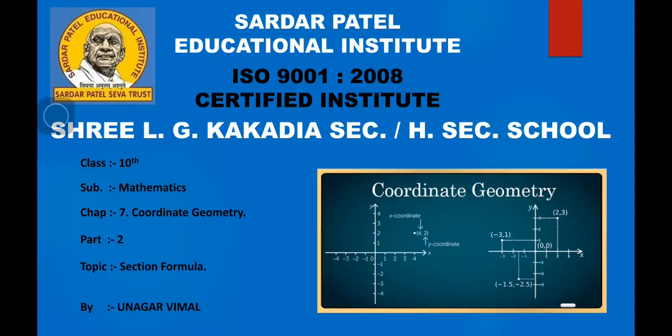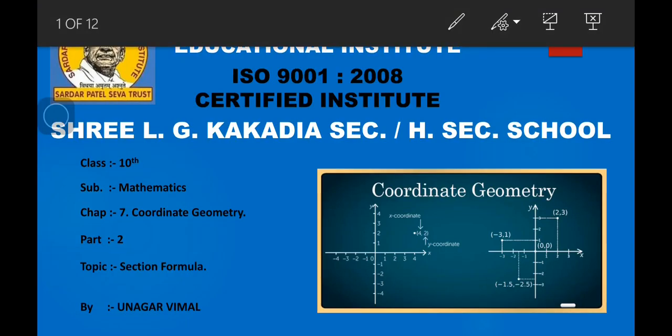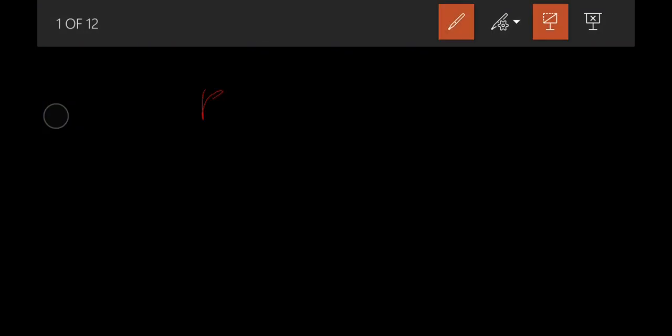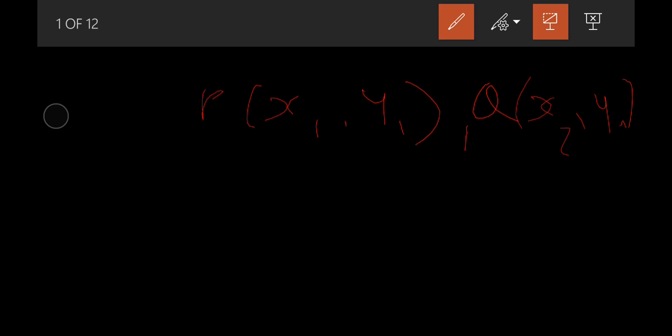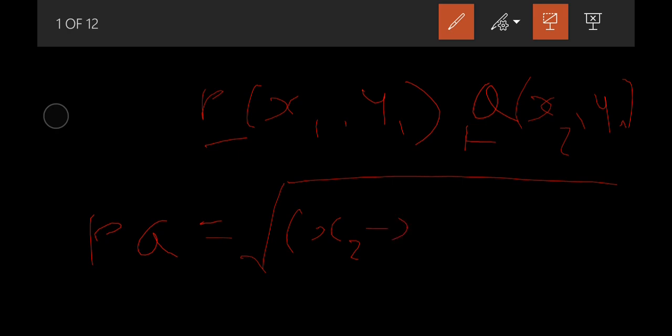So we can find it by taking: if the coordinates of P are x1, y1 and the coordinates of Q are x2, y2, then the distance between these 2 points is given by PQ, that is the line segment, which is equal to the square root of (x2 minus x1) squared plus (y2 minus y1) squared.